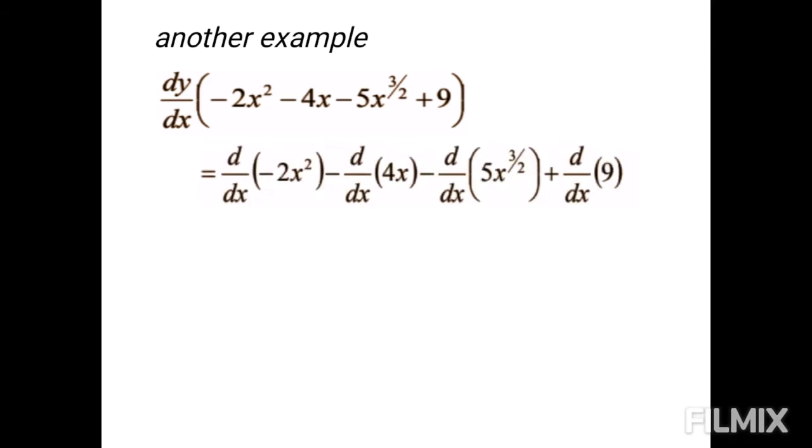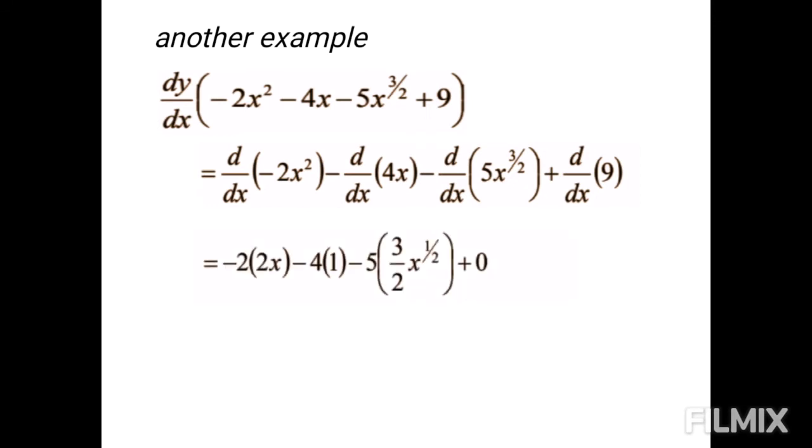First we need to find the derivative of negative 2x squared, and using the constant multiple rule, we can have the answer as well for the second term 4x, and then 5x raised to 3 halves, and as well for finding the derivative of 9, we need to use the constant rule since we have 9 as a constant.